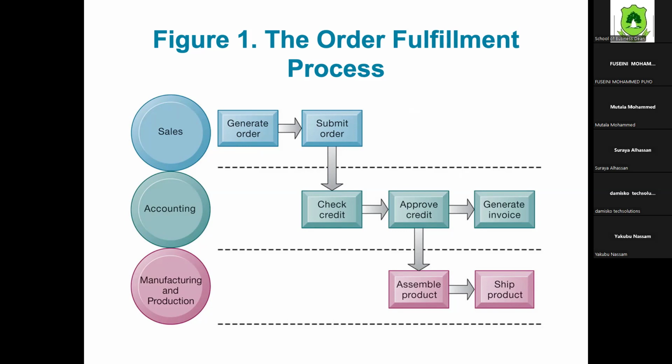So at sales, they will get an order. Maybe you go online, place an order, submit it. Then it goes to finance, and if you want to buy on credit, they will check your creditworthiness. So they will do a credit check, approve it, and they may even start assembling, and later it is shipped to you.